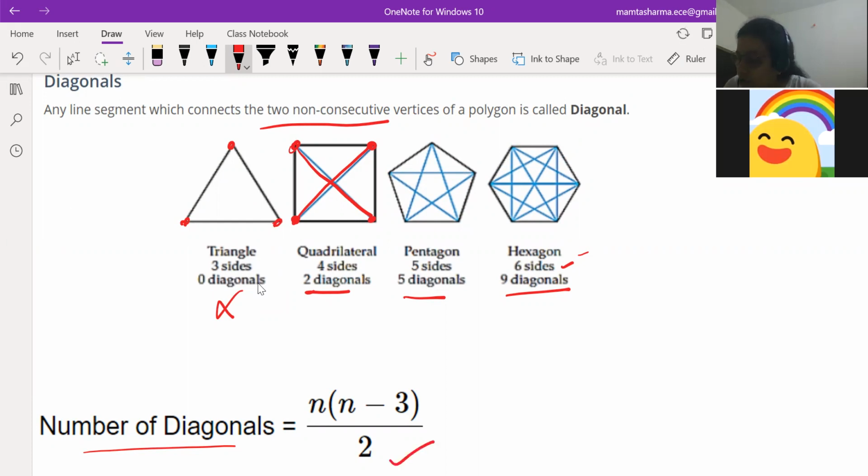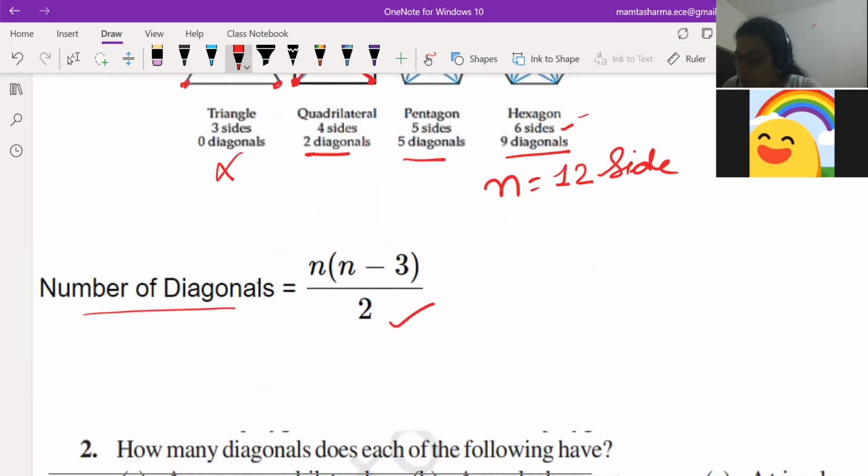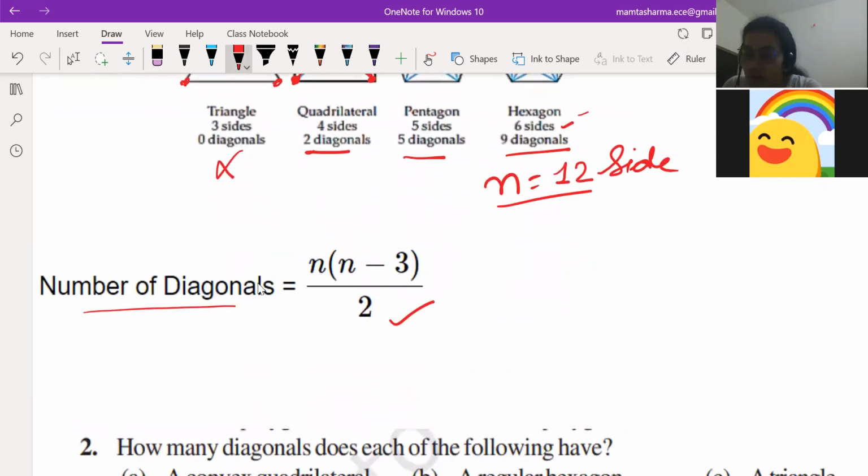If I ask you what will be the number of diagonals in a 12-sided polygon, if I say n is 12, use this formula: 12 into 12 minus 3, which is 12 into 9, by 2.